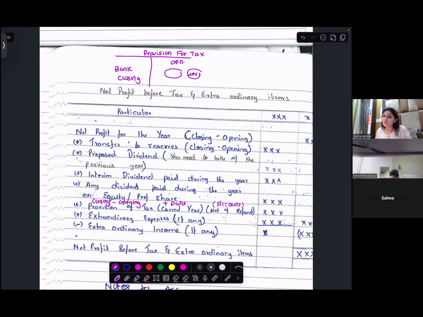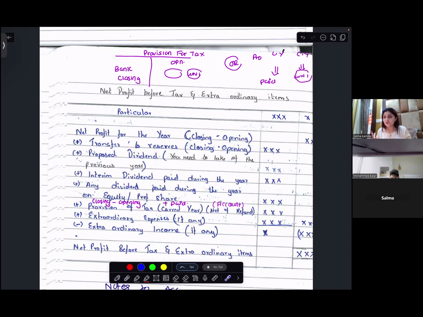Now understand, sometimes you are given information about the tax paid. Sometimes you're not given any information, you are only given the provision for tax last year and current year. What will you do? The last year will be treated as paid and the current year would go in working note number 1. These are the only 2 options that are done with the provision for tax.